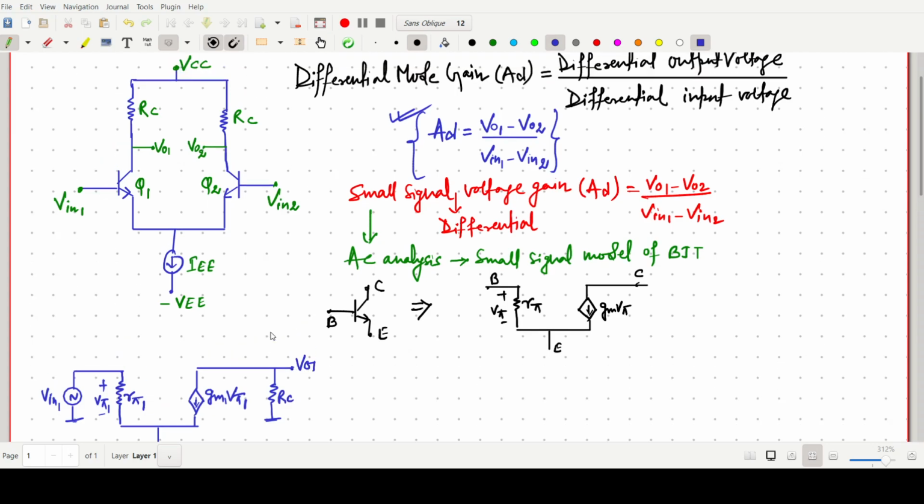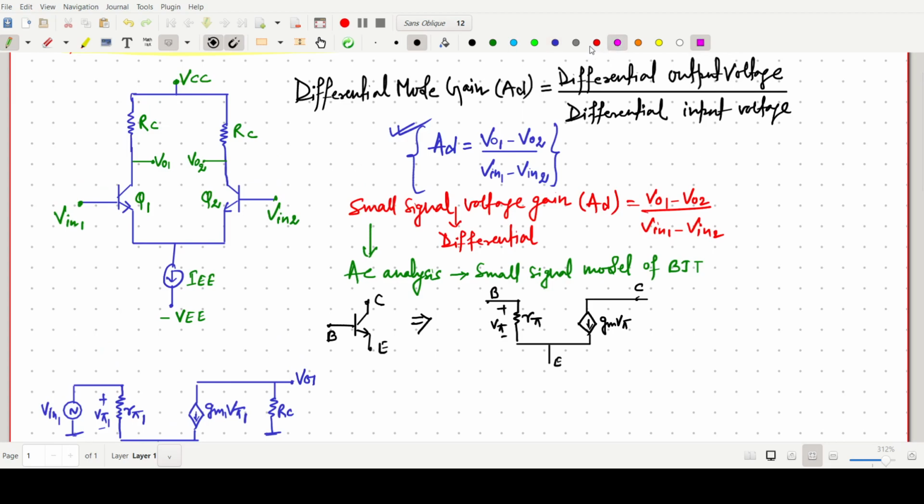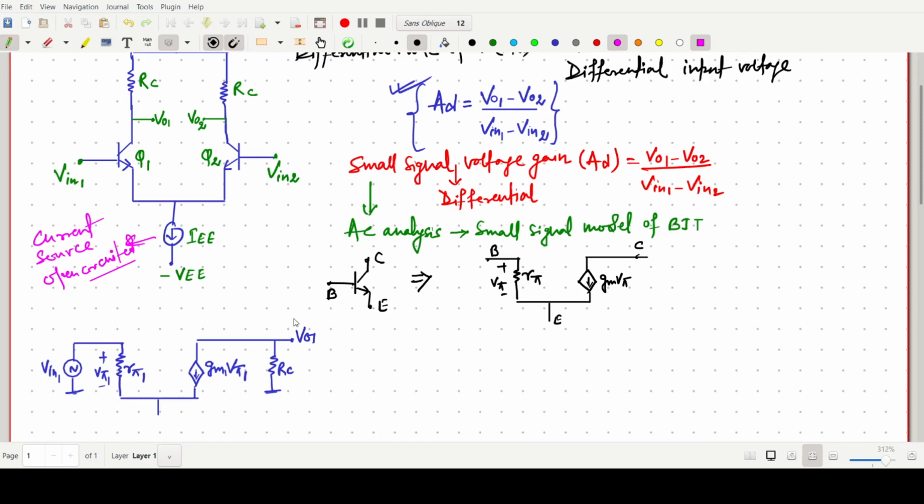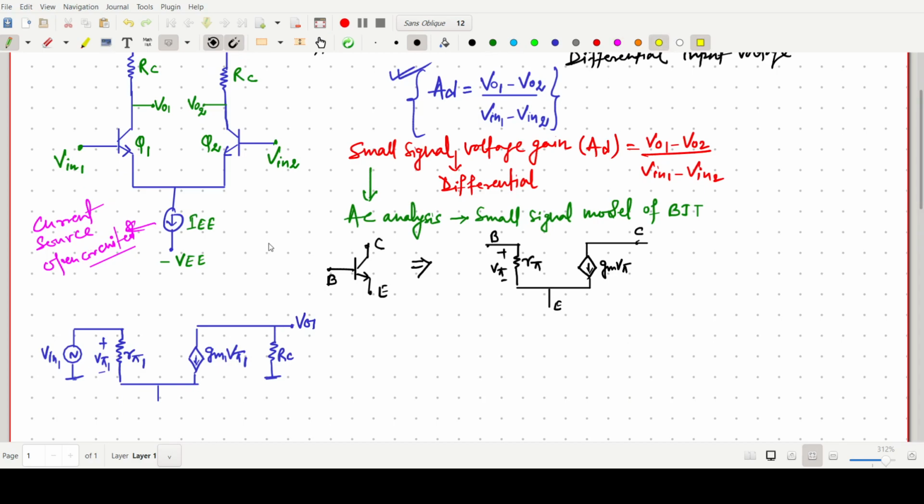Because for the AC analysis, we are making this one ground, and the current source is open circuited. So now this one is just the model of Q1, for this Q1 transistor.